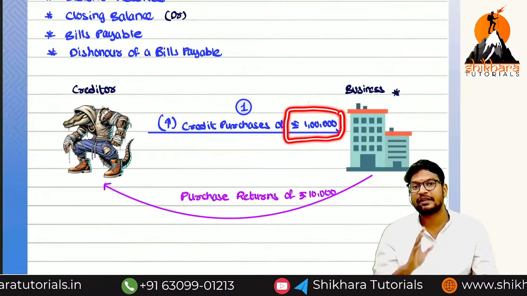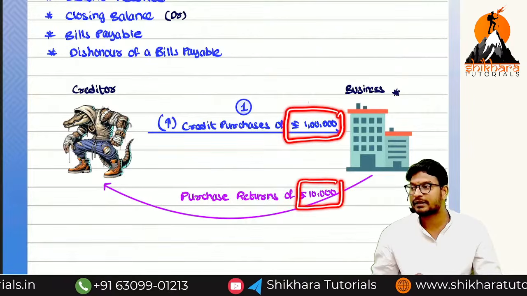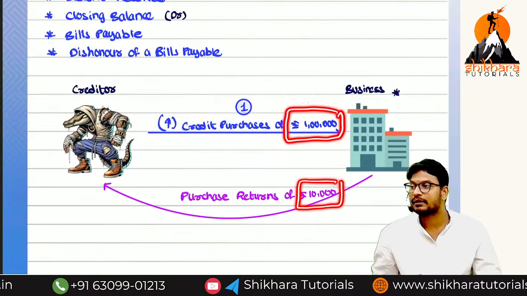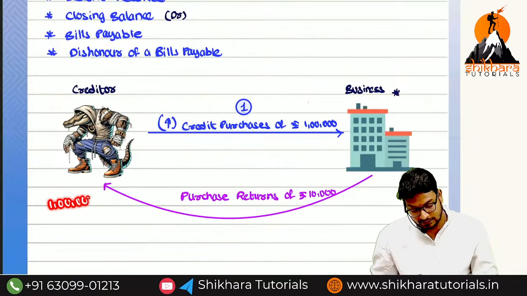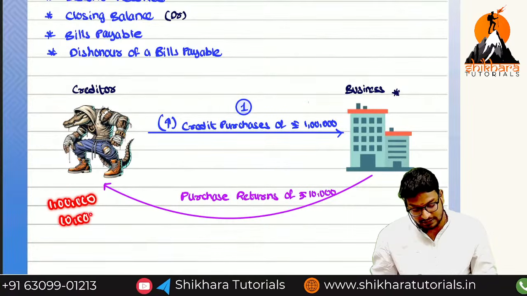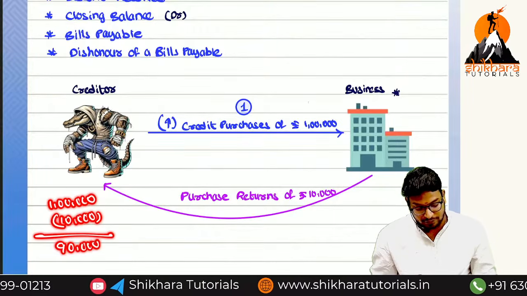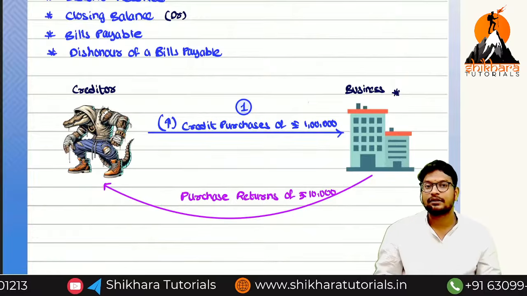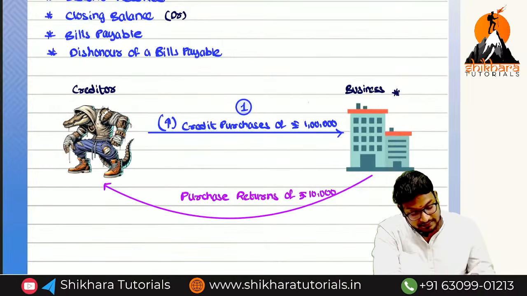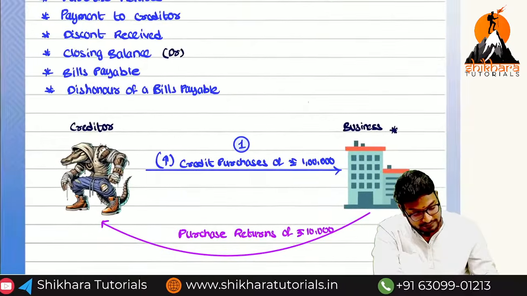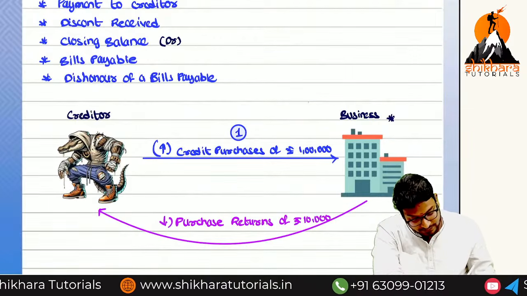We need to pay the creditor 1 lakh. Now we have returned 10,000 worth of goods to the creditor. What is our liability? 90,000. That means from 1 lakh we reduce the 10,000, and it becomes 90,000. So the creditor value will increase or decrease? The creditor value will decrease. So this is transaction number 2.